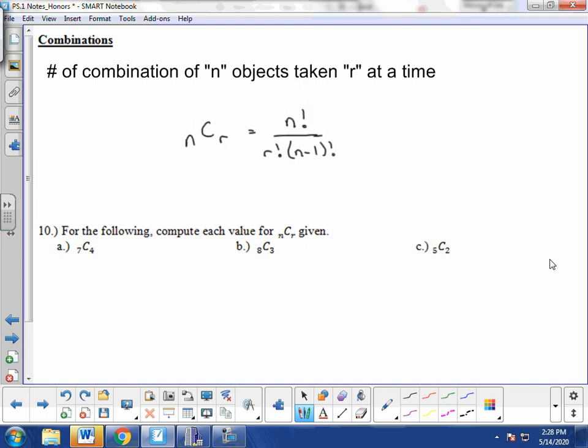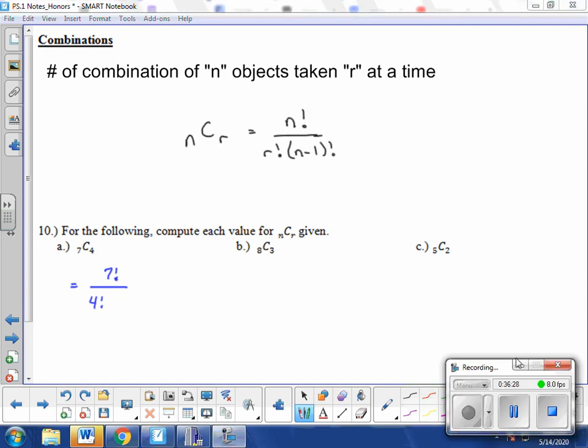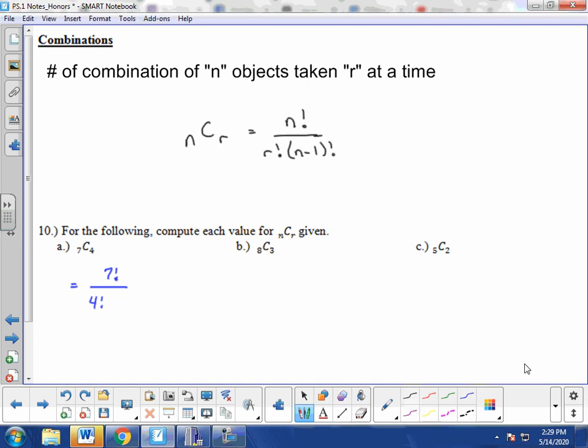So how we find that algebraically is taking n, 7 factorial, over r, 4 factorial, times, sorry, I have a typo up here. This should not be n minus 1. This should be the formula n minus r down here in parentheses.